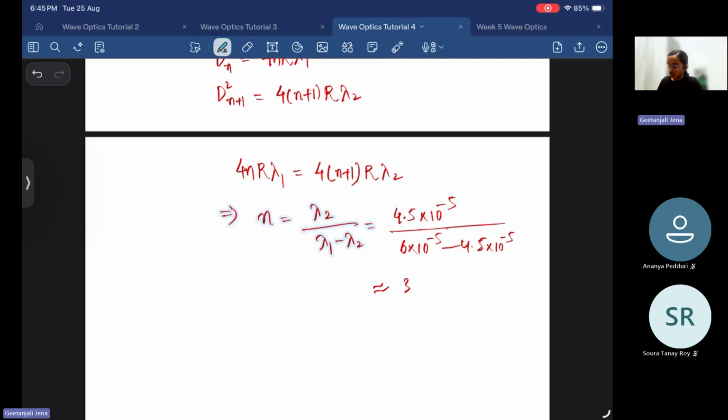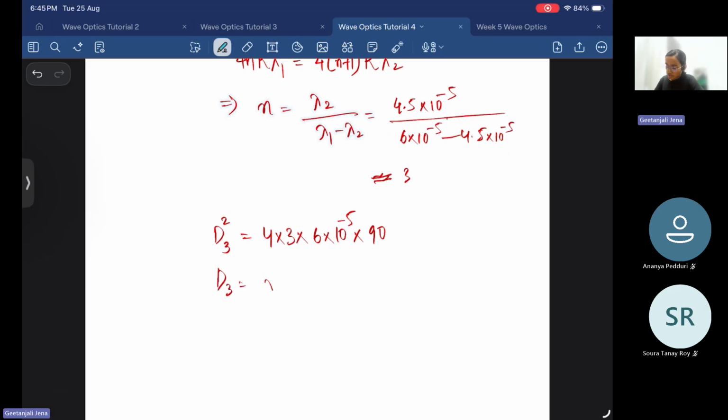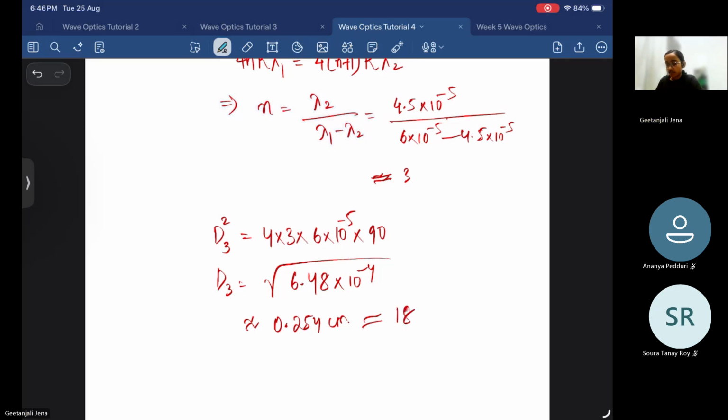So this will be 3. Then 4 n lambda 1 and the radius of curvature; d 3 is the square root of this, which comes around 6.48, which I think is 0.18 into root something.